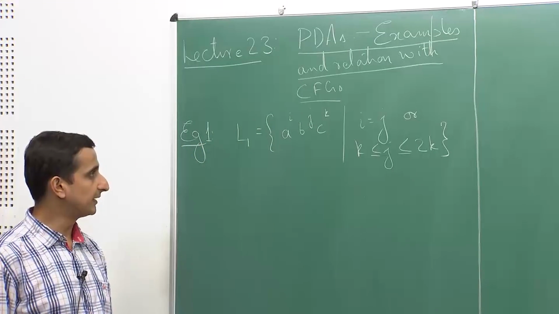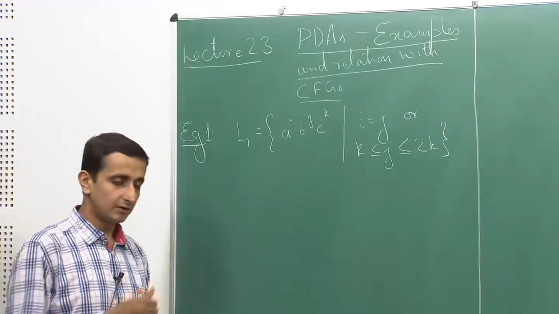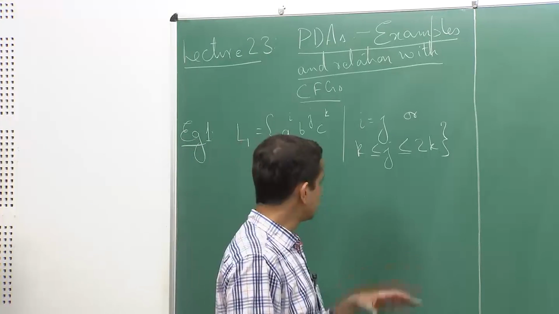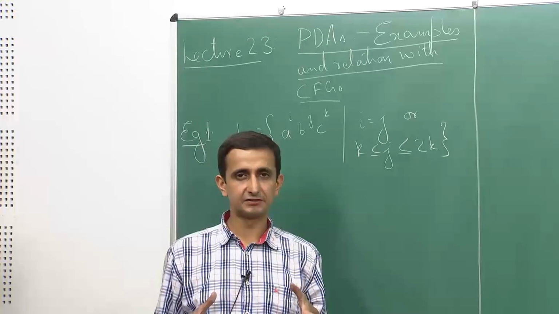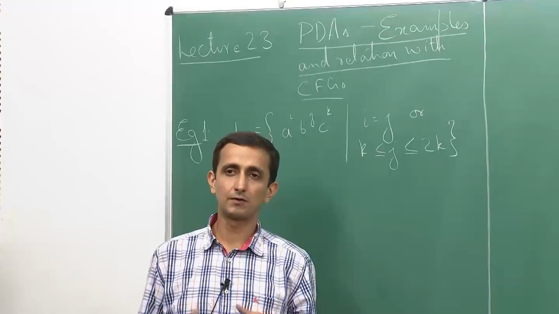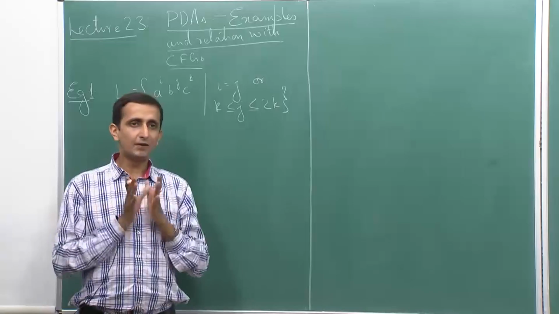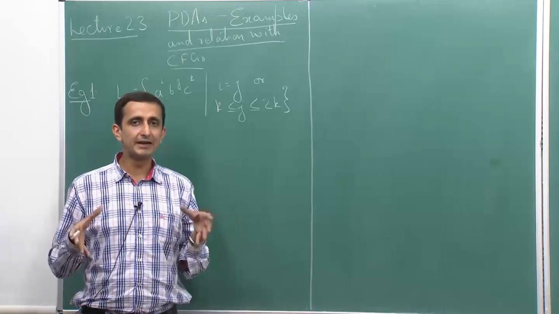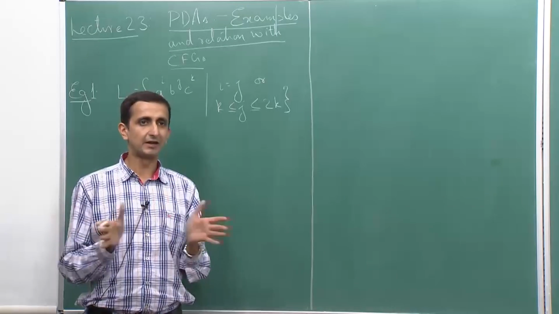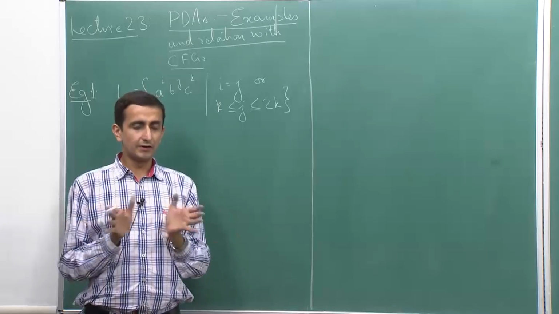So, how do we construct a PDA for this language? The idea is that, because we have an OR here, we will use non-determinism in the form of epsilon transitions to branch off at the very beginning. Even before I start reading the first symbol of the string, I branch off into two paths.